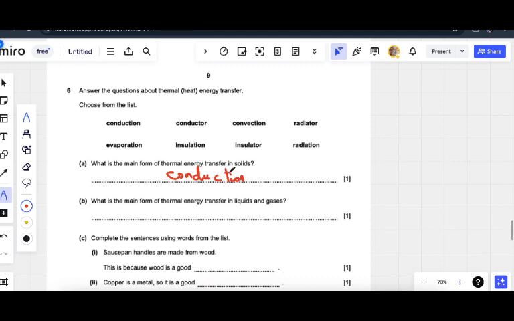Write conduction here. Now, what is the main form of thermal energy transfer in liquid and gas? In liquid it is convection.